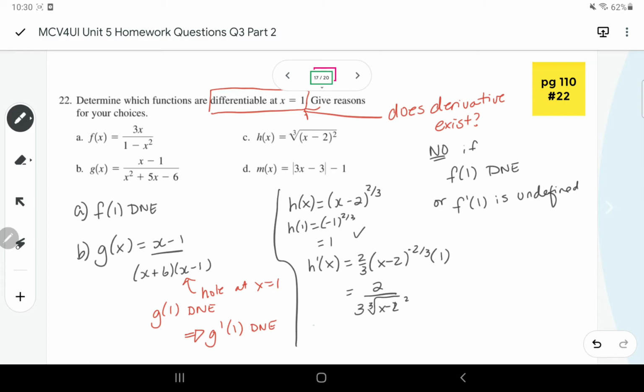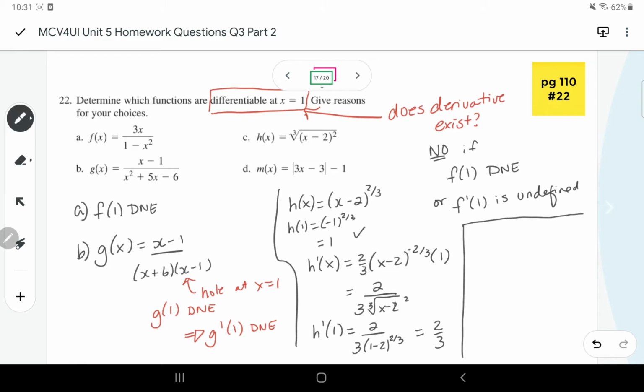And this would exist. So h prime at 1, we could sub in a 1 there, and we aren't getting any restrictions. So that would be 2/3. So here it is differentiable for h at x equals 1.